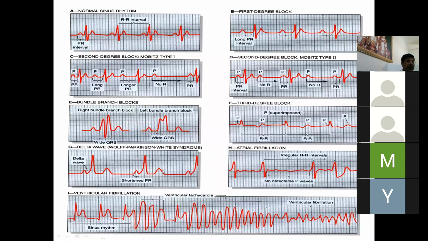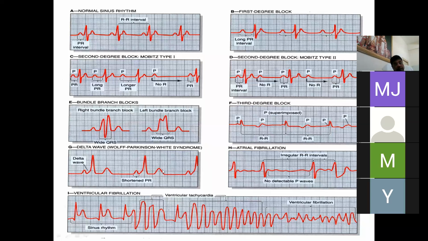That extra connection, we call aberrant, meaning abnormal. Any idea what is the name of that bundle? Bundle of Kent. Yes, very good. So this bundle of Kent is the extra connection between the atria and the ventricles.